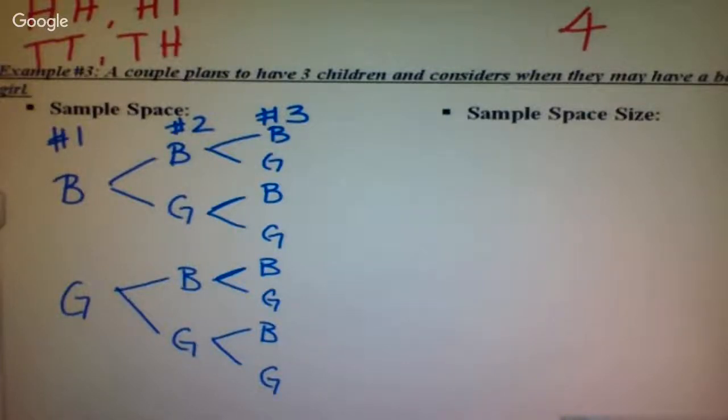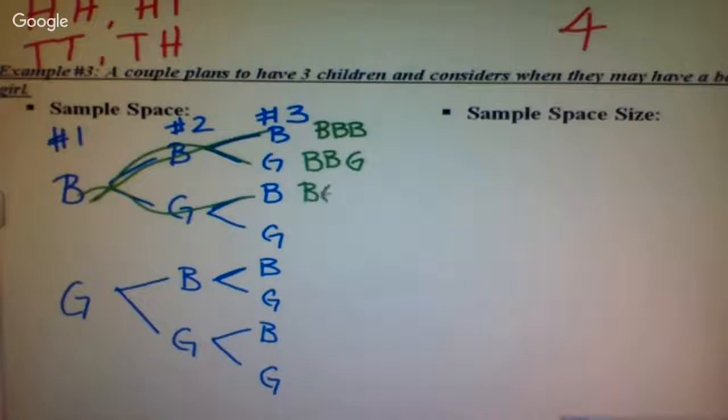Okay? So what you've now said is they can have 3 boys if you follow this. This is boy, boy, boy. Or they can do boy, boy, girl. They can do boy, girl, boy. They can do boy, girl, girl. Okay? They can start and have a girl first. Girl, girl, boy, boy.